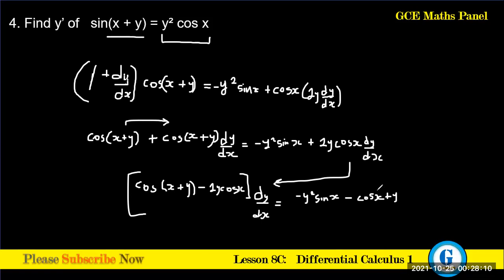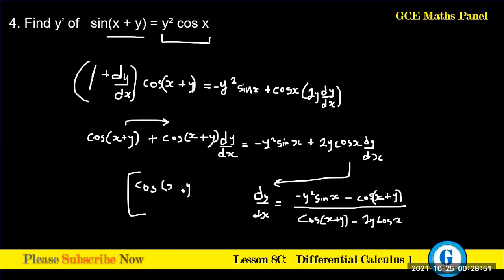Now we divide both sides by this cos(x plus y) minus 2y cos x, such that this one is going to disappear on the left-hand side, right? So we no more have this on the left-hand side.